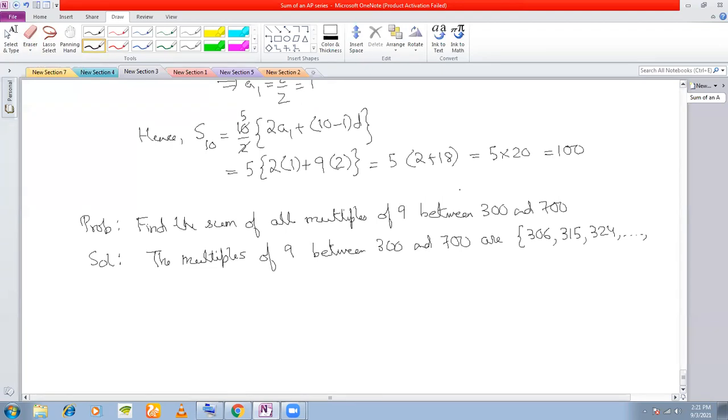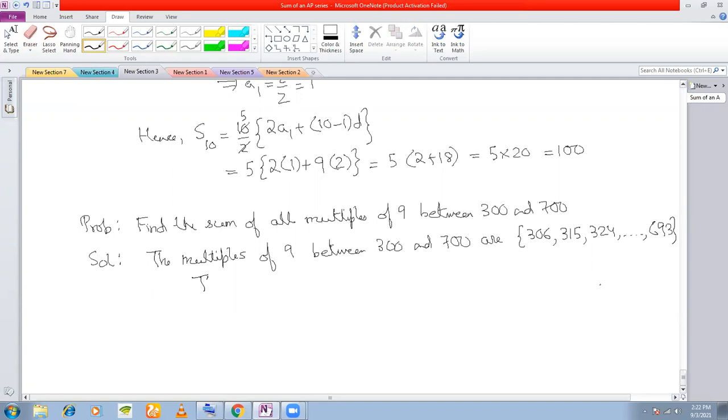I don't think so. 697 is not divisible. 696? No, it is not divisible. How about 695? Not divisible. How about 694? Also not divisible. 693. This is divisible. So the last number just below 700 which is divisible by 9 is 693.